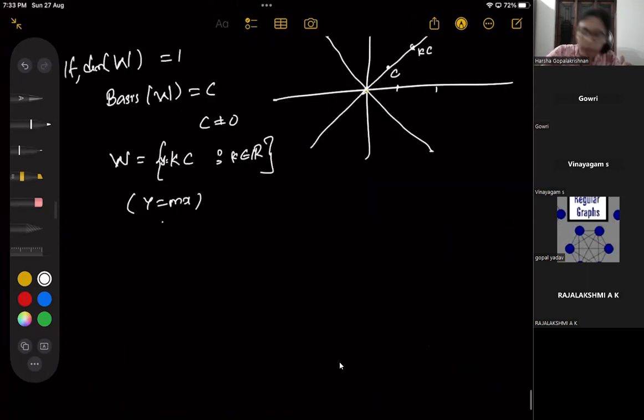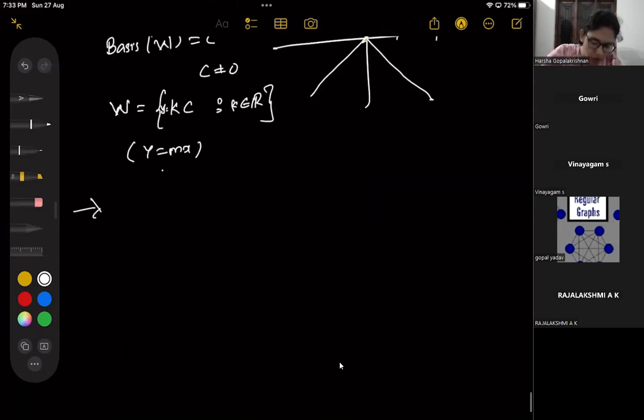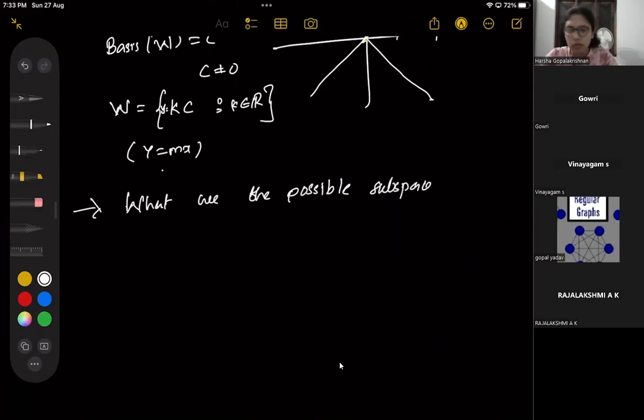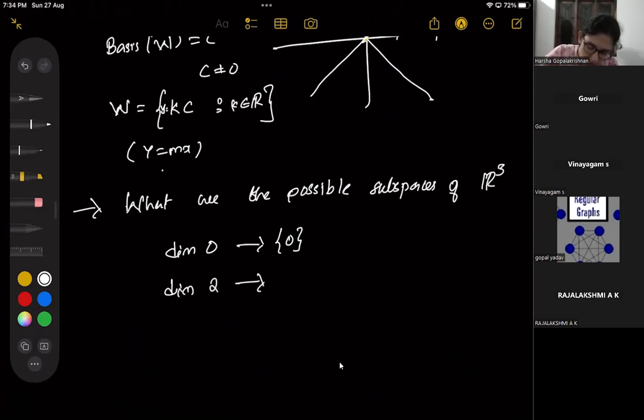So in the same way, let us quickly go. Geometrically, I want the answer: what are all the possible subspaces of R3? First of all, dimension 0 means the trivial subspace, so we don't need to repeat it again.